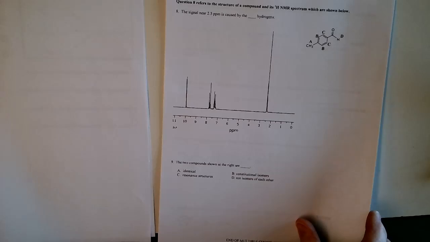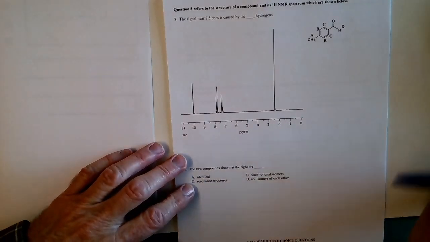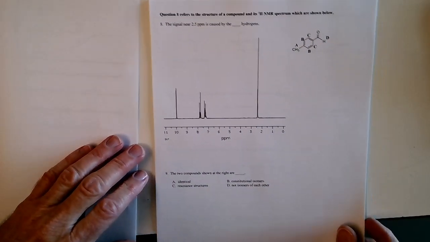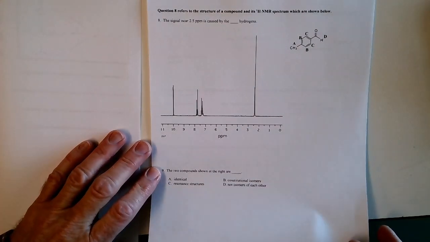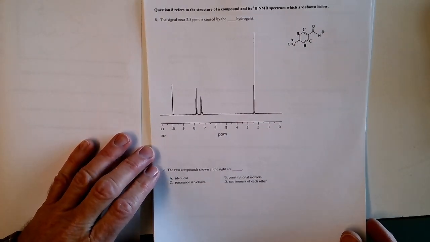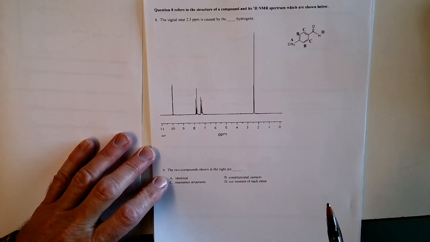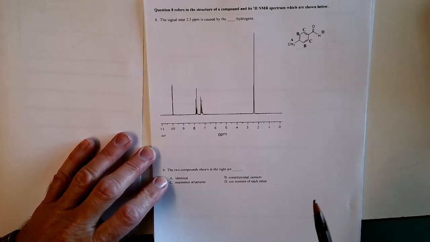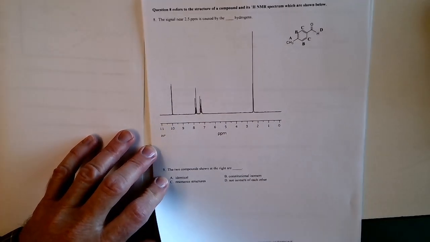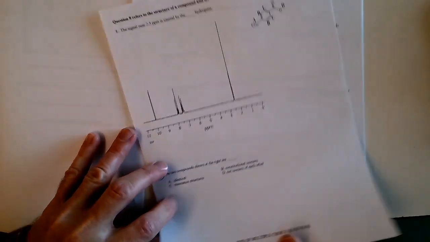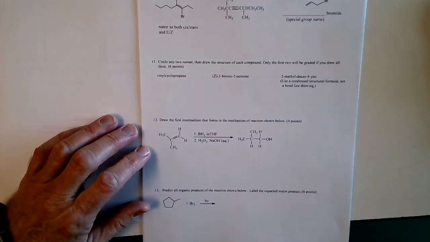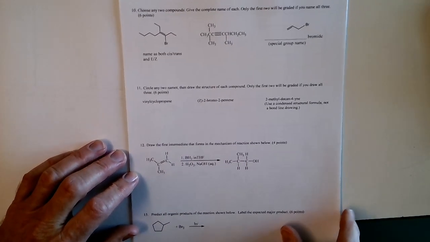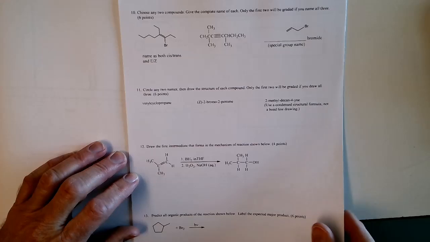All right, I was expecting this to be kind of reaction heavy, and that's just fine. Okay, anything on that page? Just 8 and 9? Yeah. Which one? 9, okay. 10 through 13 are short answers, naming, that kind of thing.